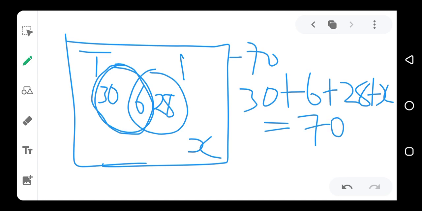With this we solve for X. 30 plus 6 plus 28 will give us 64.